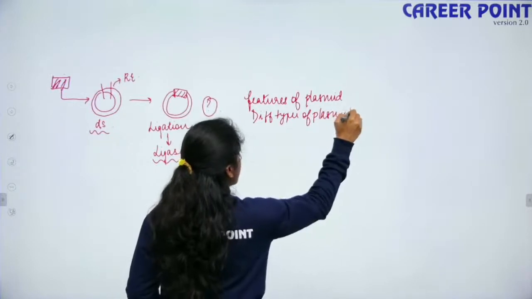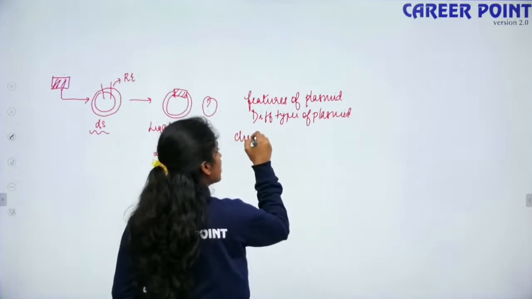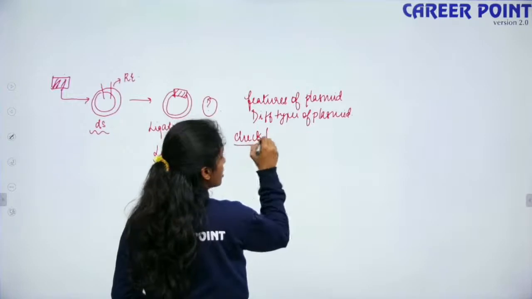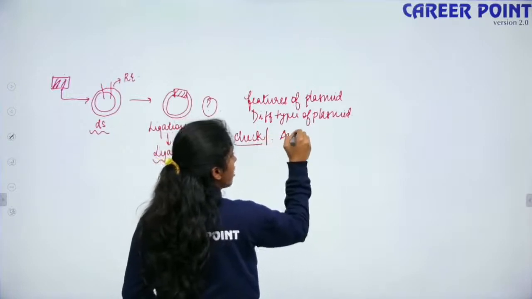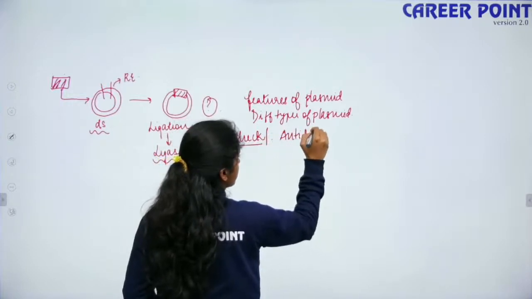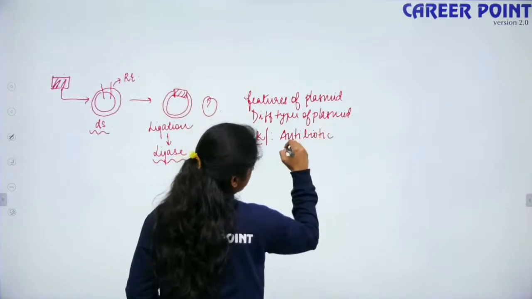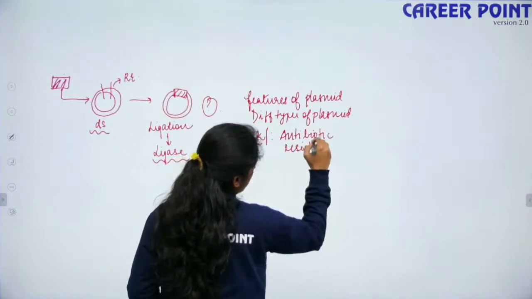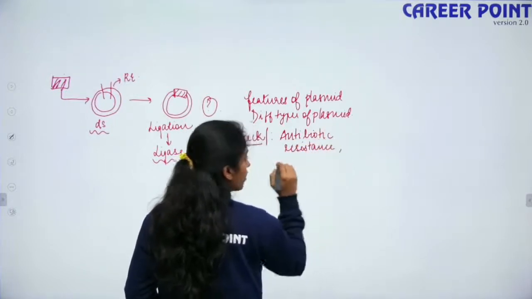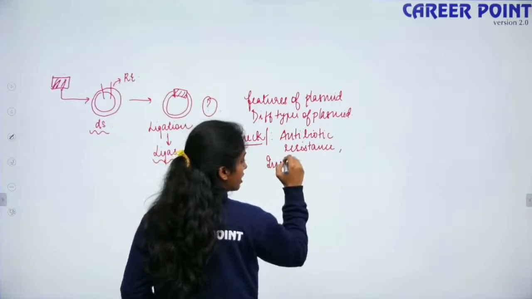And how do you cross verify? The checkpoint step or the cross verification step is using antibiotic resistance. This is one. The second one is insertional inactivation.